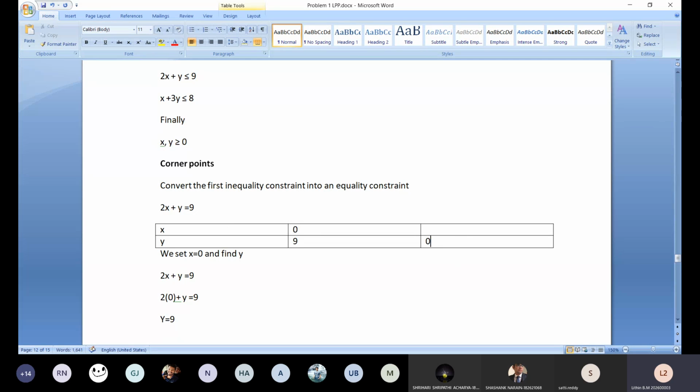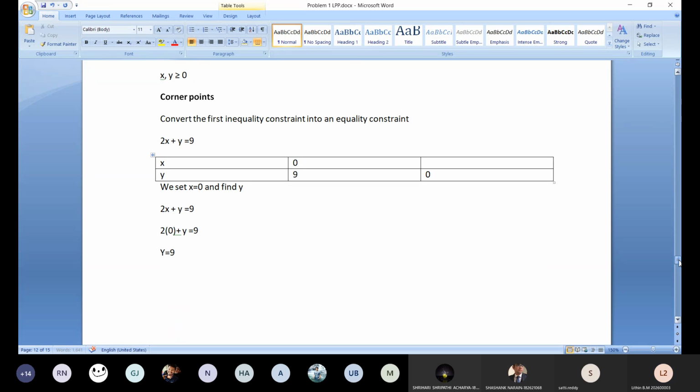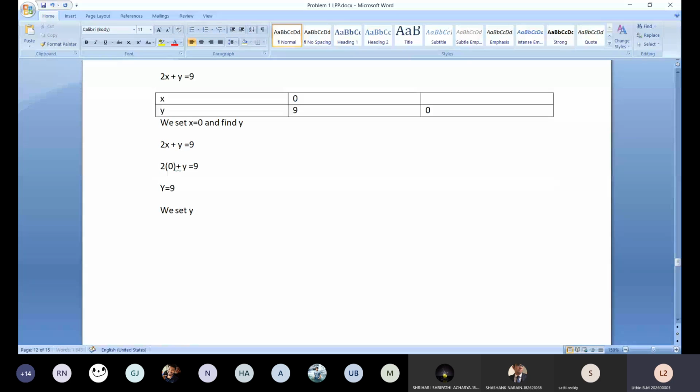Now I set y as 0. So we set y equals to 0 and find x. In the same equation, 2 into x will remain in place because I'm changing y here.